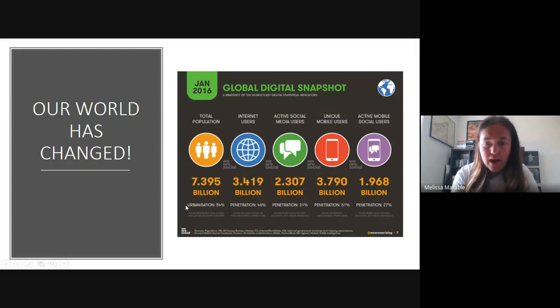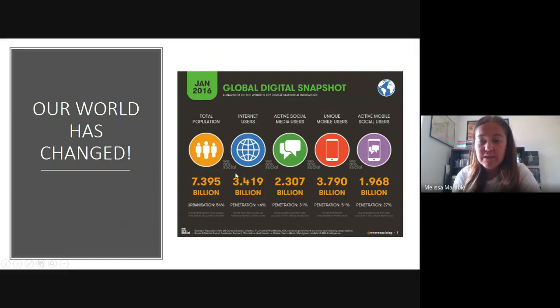Out of this 7.395 billion, 3.419 billion are internet users, 2.307 billion are active social media users. We then have unique mobile users at 3.790 billion, and active mobile social users at 1.968 billion.